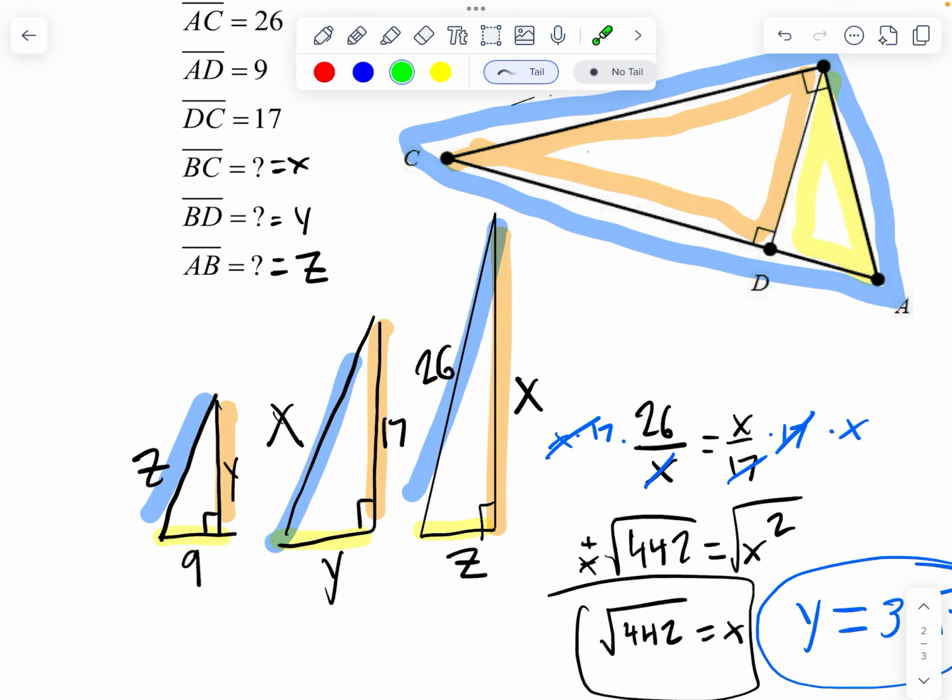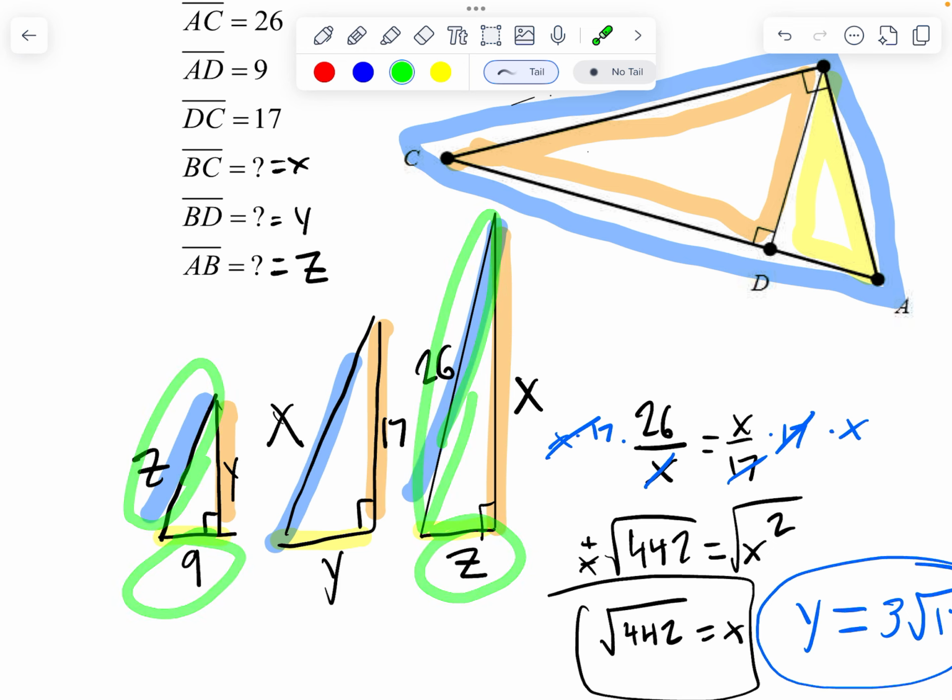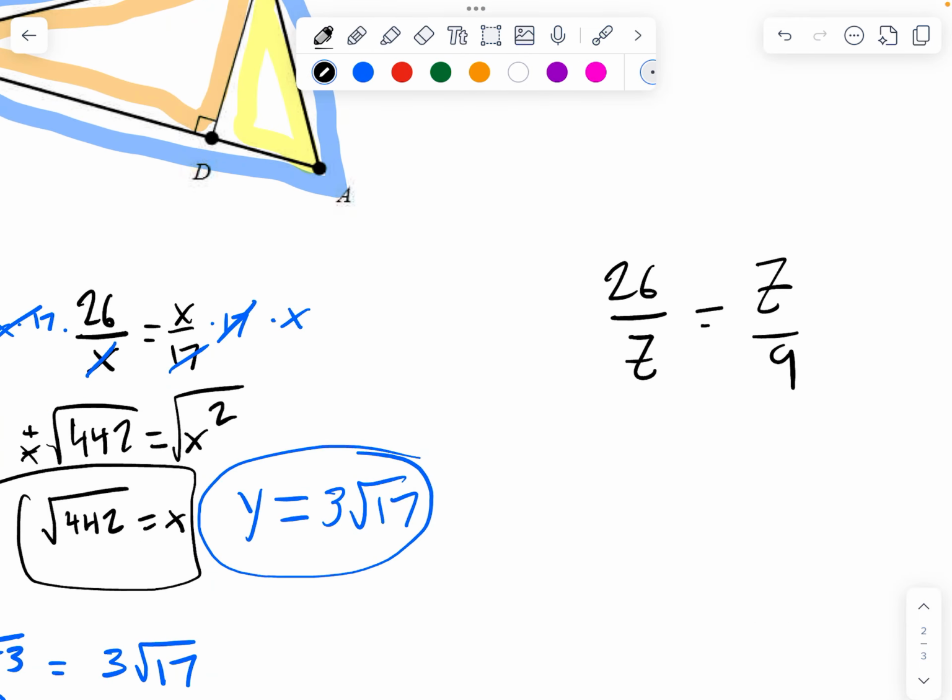All right, so 26, hypotenuse to hypotenuse, short leg to short leg. Okay, same idea. Now let's solve. Times Z and 9, Z and 9. 9's cancel, Z's cancel. 9 times 26 is 234 equals Z squared.